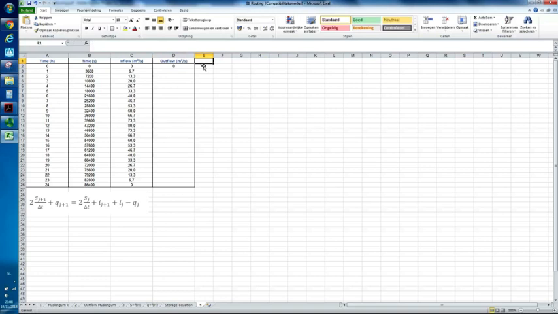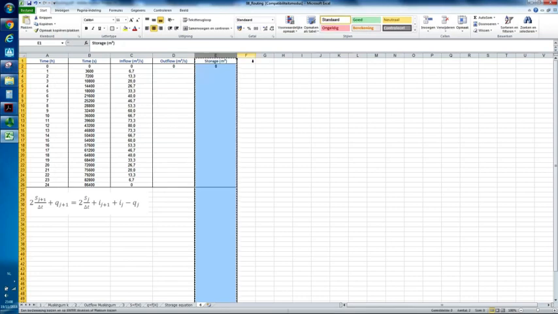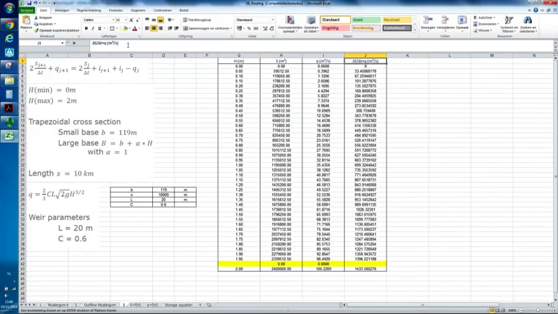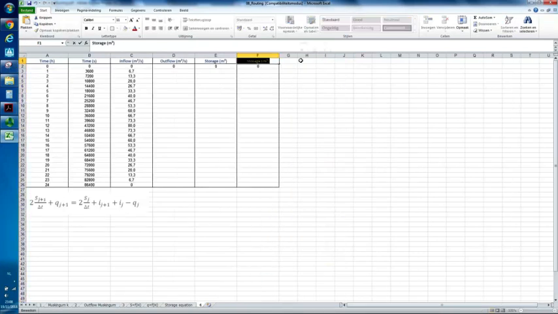Here we can actually, like this, we can call this storage. And this is not in cubic meters per second, but in cubic meters. And then we add also, not storage, but let's copy this one, because that's the same that we will use, which is the left-hand side of this equation. So that will be 0 at the start as well.